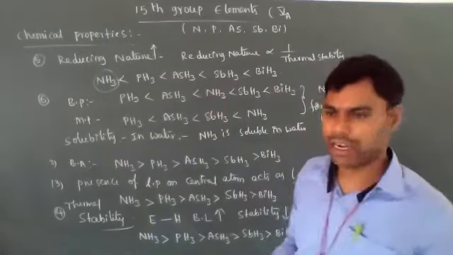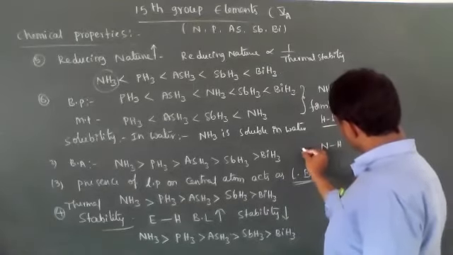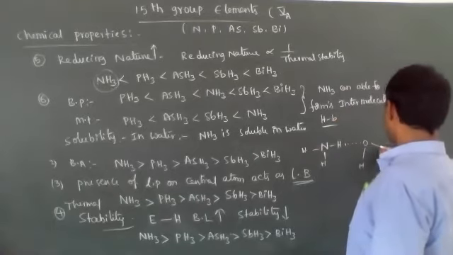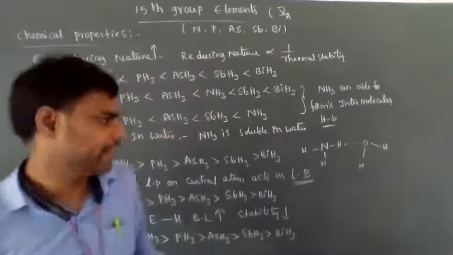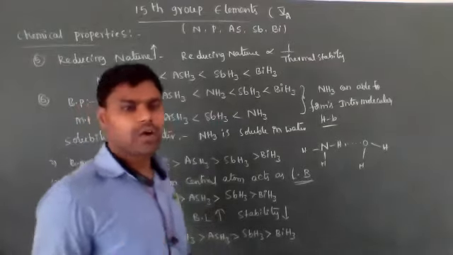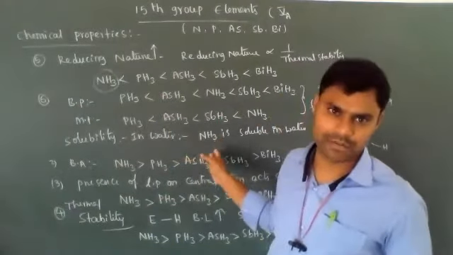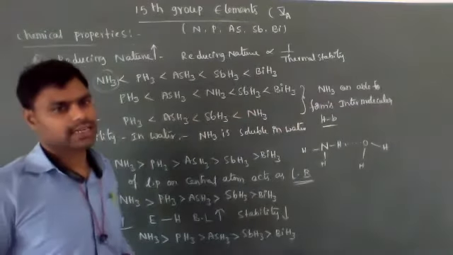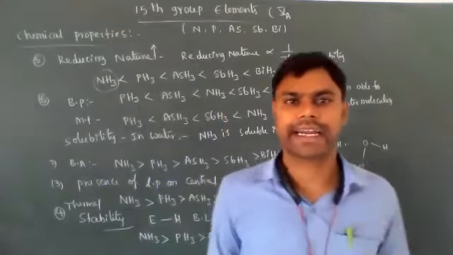Because NH3 can form intermolecular hydrogen bonding with a water molecule. That's why NH3 is soluble, but the remaining hydrides are insoluble in water. They are soluble in organic compounds, but NH3 is soluble in organic compounds as well as in water. These are some important properties of 15th group element hydrides.